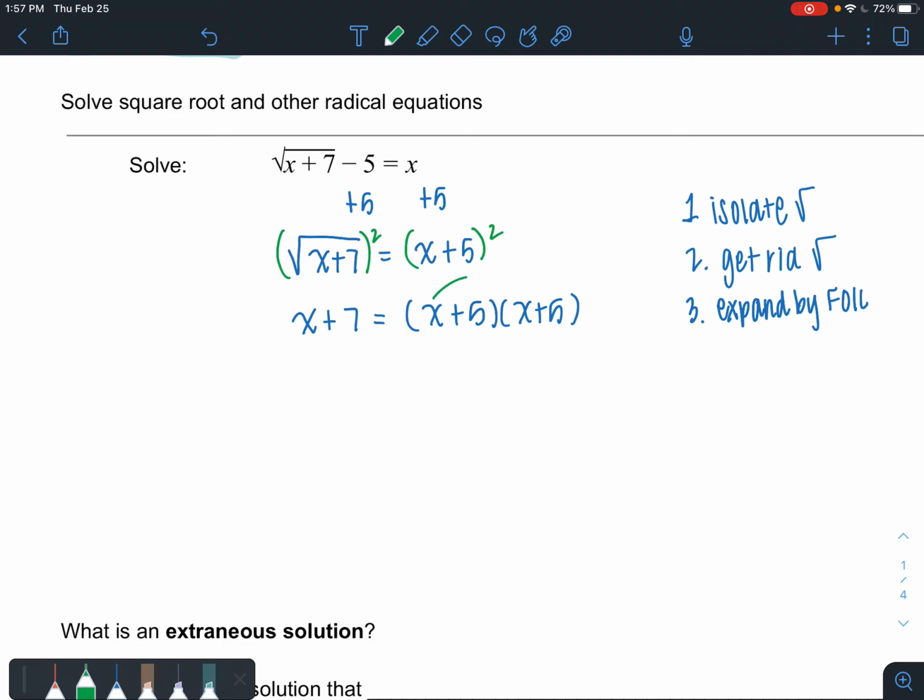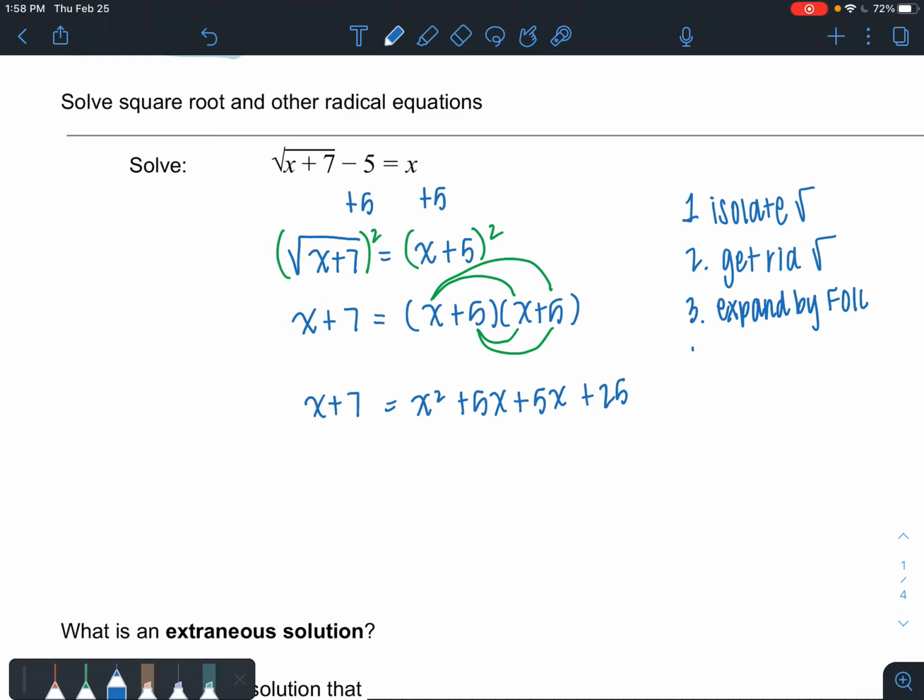So I have first times first, outside times outside, 5 times x is 5x. Inside times inside, and then 5 times 5 is 25, our last two.